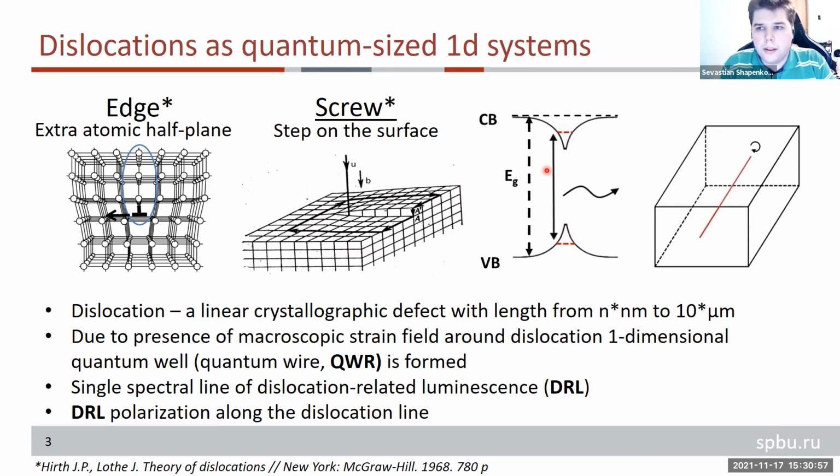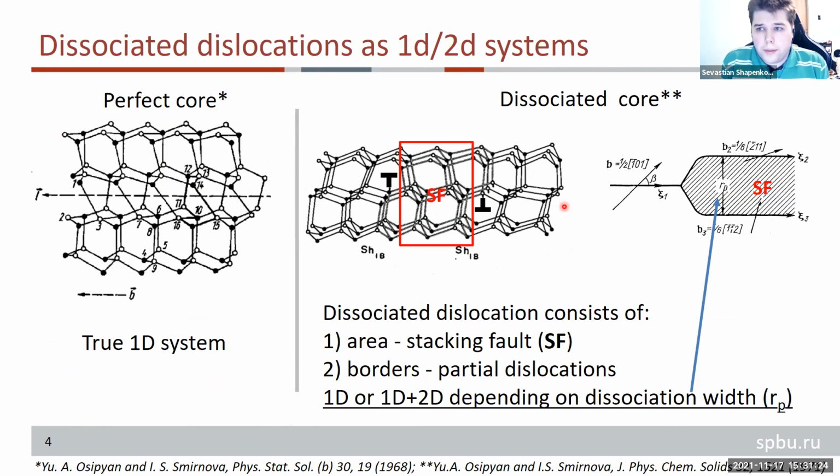Thus, they can be considered as one-dimensional quantum wells and can be expressed like on this diagram. Also, there exists polarization along their line. And in spectra, if we speak about dislocations that have radiative properties, they usually are presented like a single narrow line.